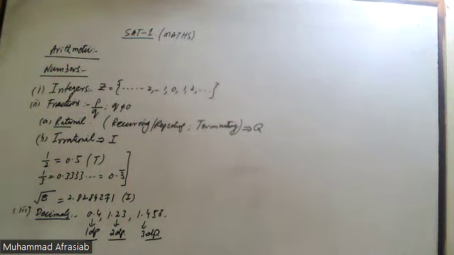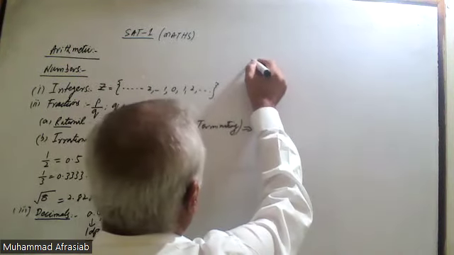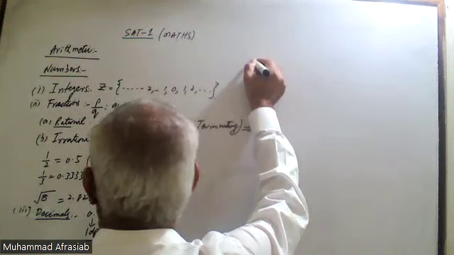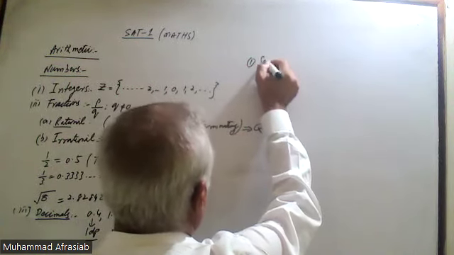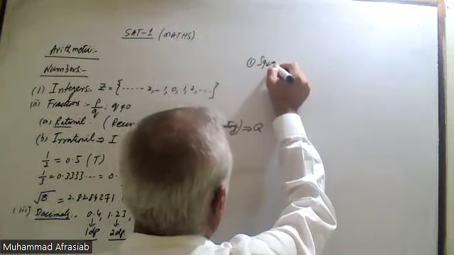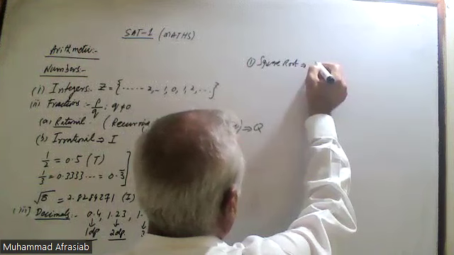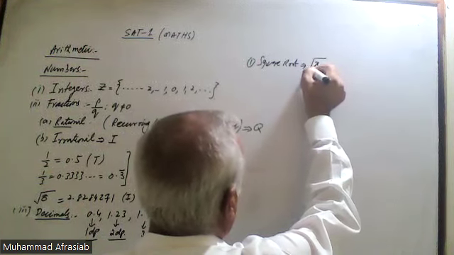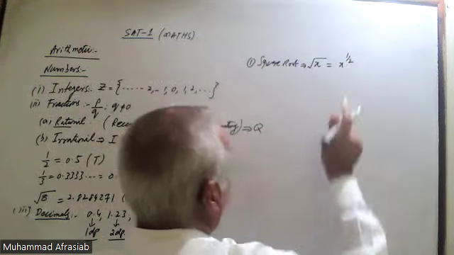Then there are many things more which are being used in this topic, and they are known as to be called, suppose, square root, which is expressed in the form of root x, or it can be written in the form of x power half.